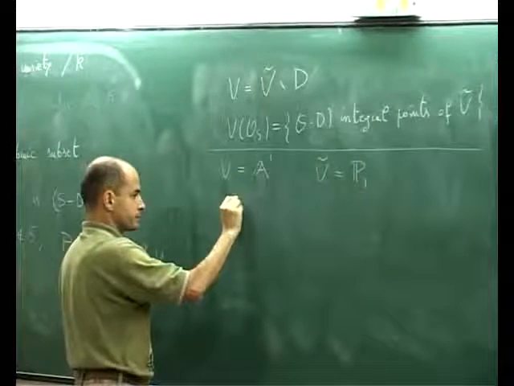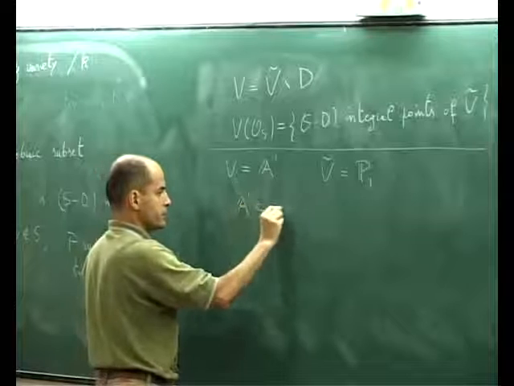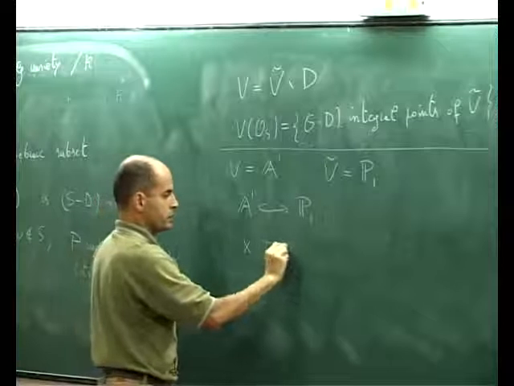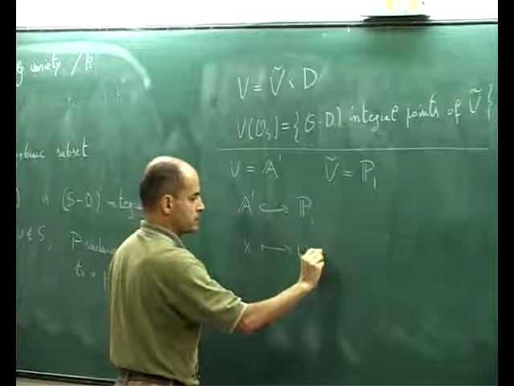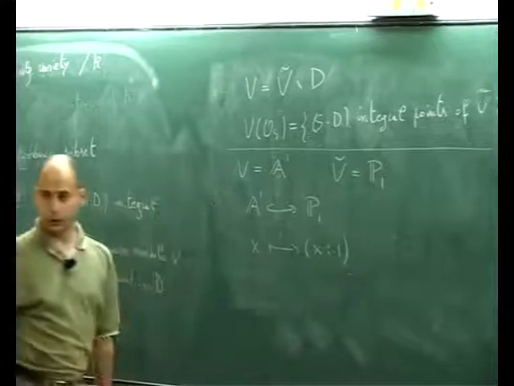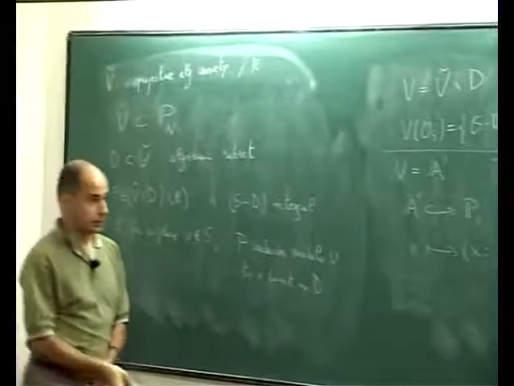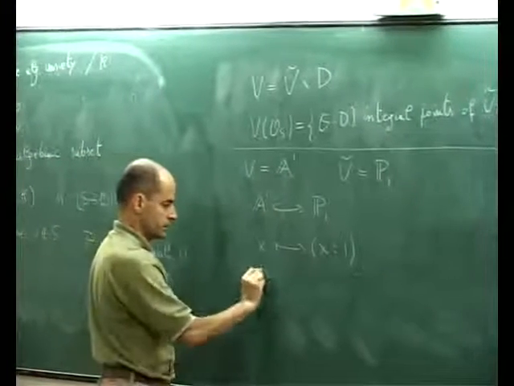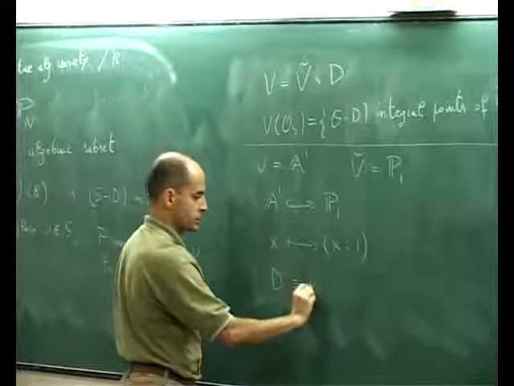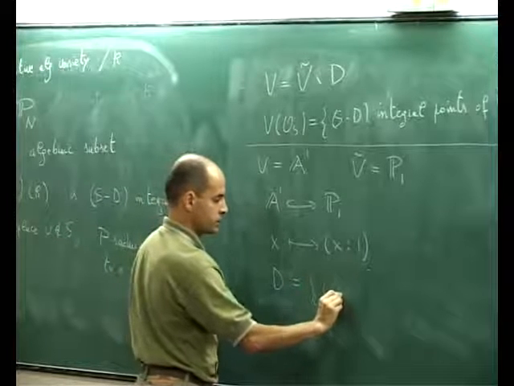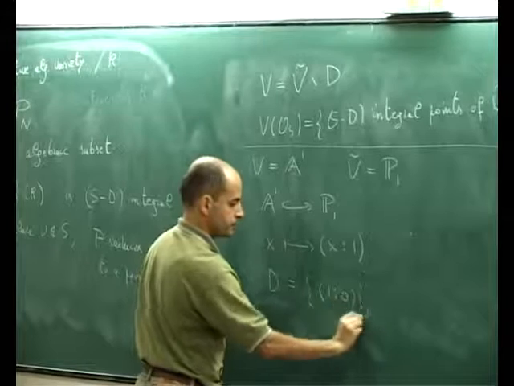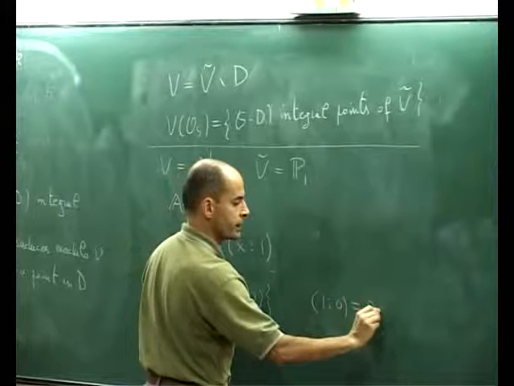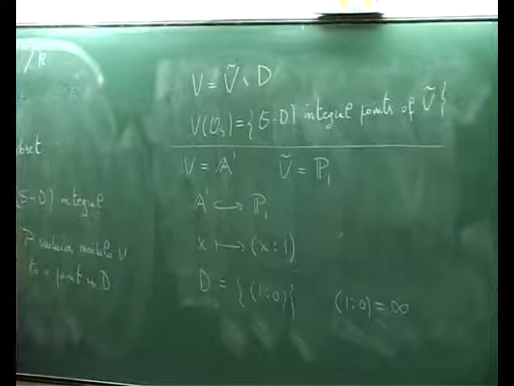And A1, the affine line, is embedded into the projective line by sending the point x to the point (x, 1), in projective coordinates. The complement of V in V tilde is the subset D consisting of just one point, the point (1, 0), also called the point infinity of the line.